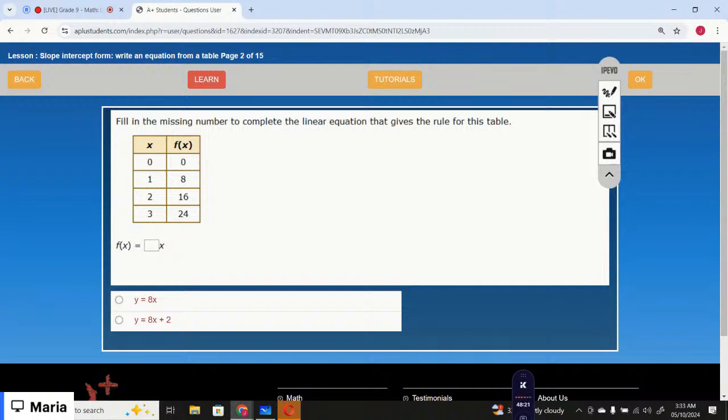Very good. That's option number one. Y equals 8x is the correct option. That is y equals 8x.